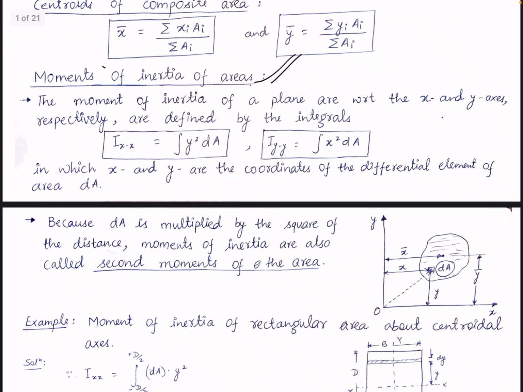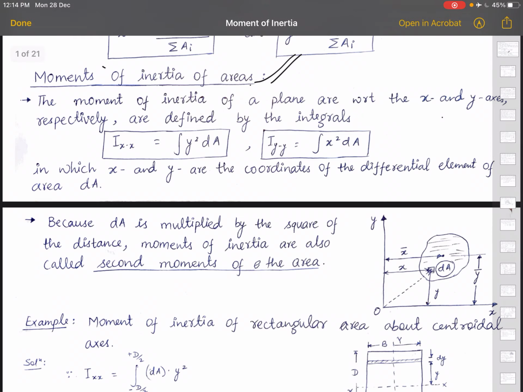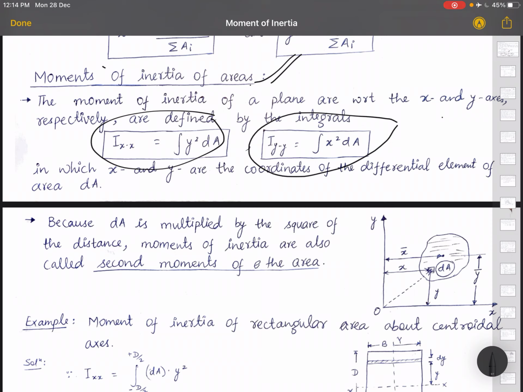So what is moment? The moments of inertia of the plane area with respect to x and y axis respectively are defined by the integral. This integral is your moment of inertia with respect to the x axis, and this is with respect to the y axis.